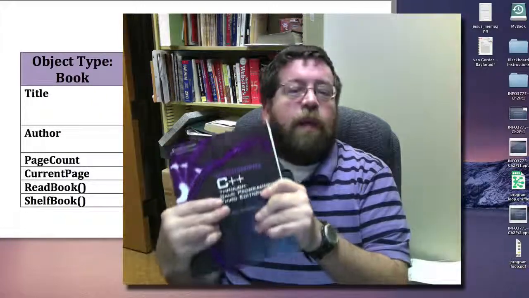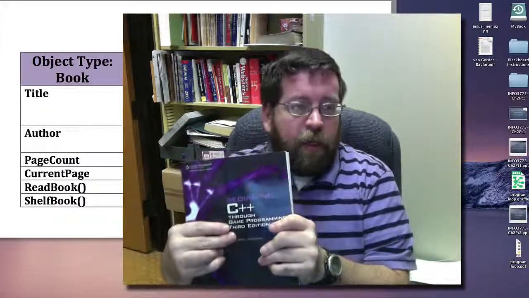Some of the things that we might want to store data about. We might want the title of the book, the author of the book, the number of pages in that book, whatever page we're currently on. Those are pieces of information that we might want to store about that book.